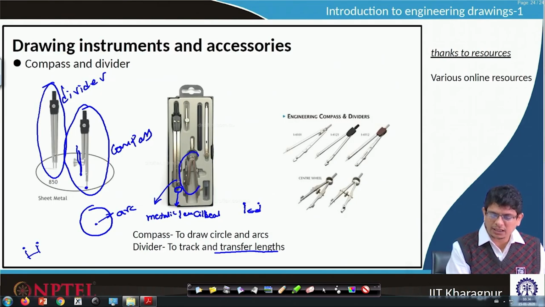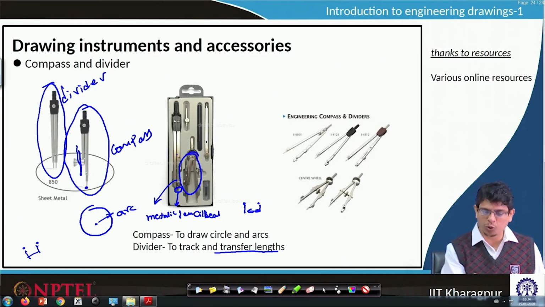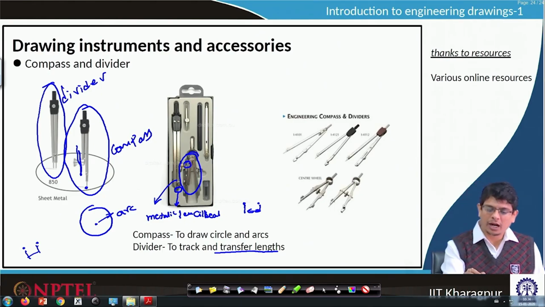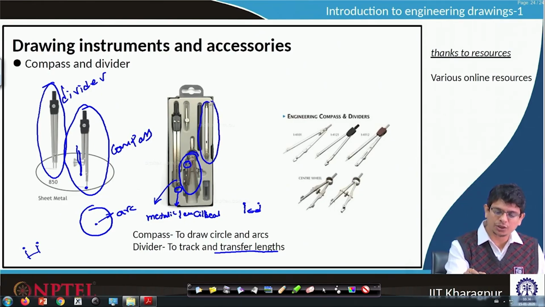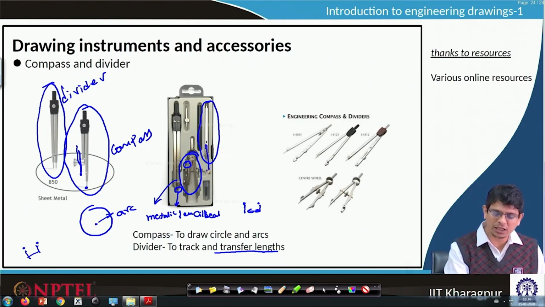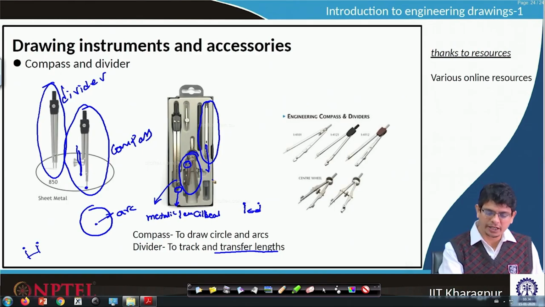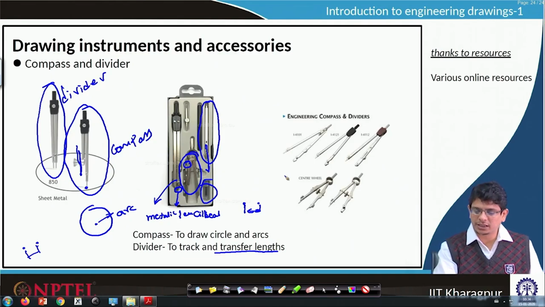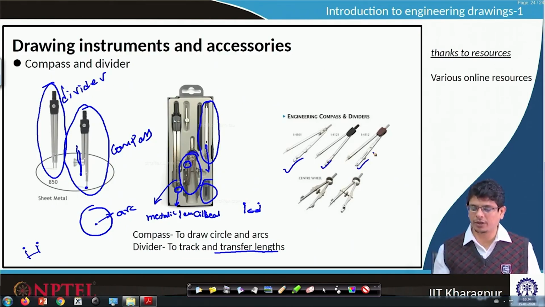And this is another style of compass, which we usually call a bow compass, through which a lead can be kept there. And this is a joining part of the compass which one can insert, through which lead can be used, and here the pencil leads are shown. So, typical engineering compasses and dividers come in different formats. Based on the application, one uses the compass.